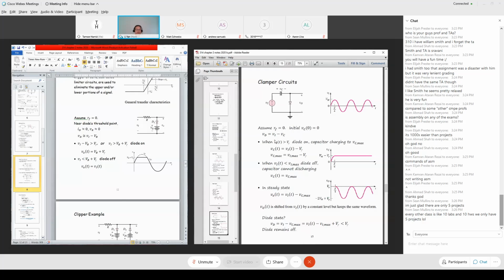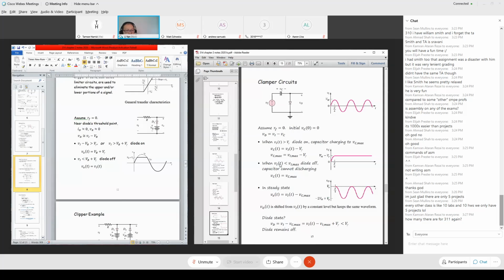When VD is greater than V gamma, and here I say VI because we assume the capacitor voltage is 0, so the diode voltage just equals the input voltage. When the input voltage is greater than V gamma, the diode is on.